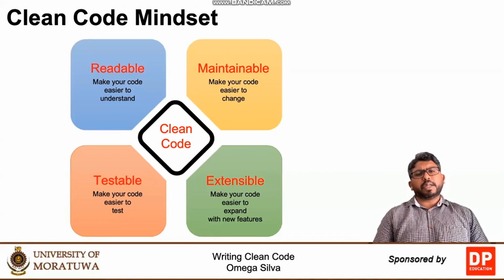The four qualities that Booch highlights are the essence of writing clean code. As you can see in this diagram, which nicely summarizes those four attributes, they are readability, maintainability, testability, and extensibility. These are the four main qualities that any developer would have to align their mindset with when you say that you're writing clean code.